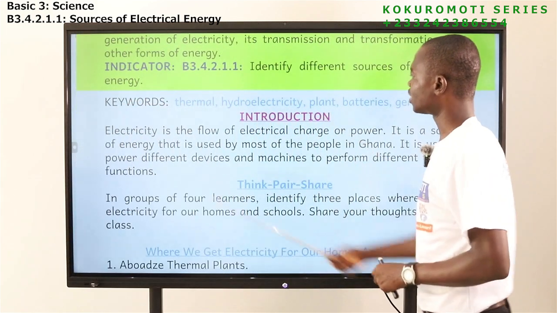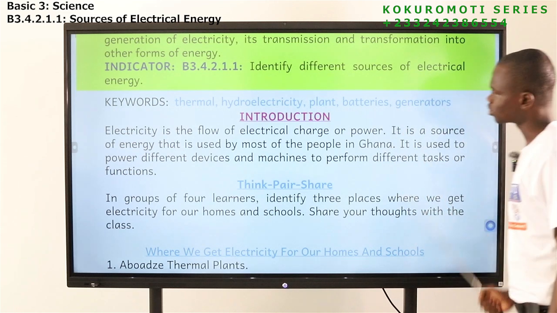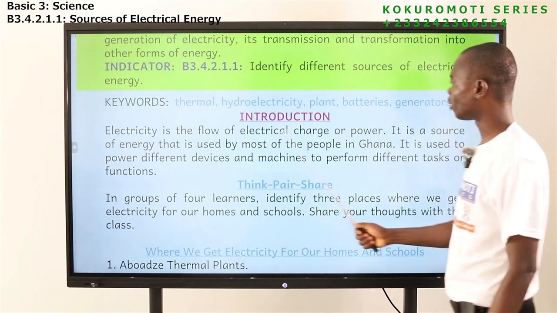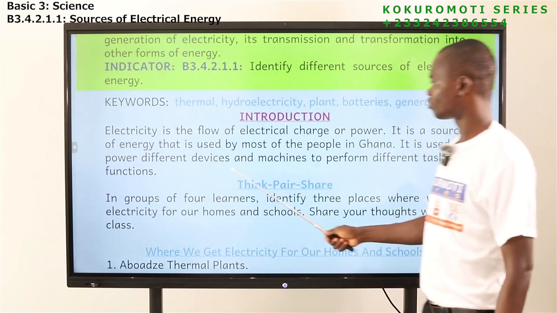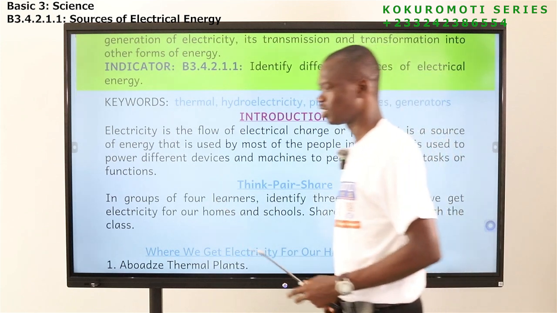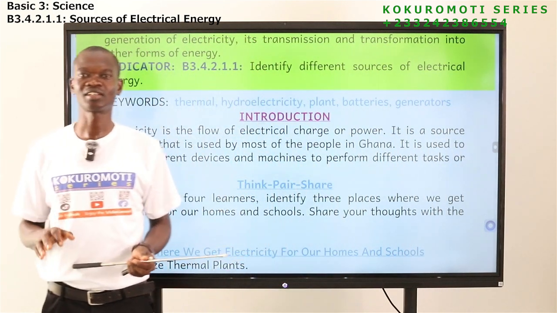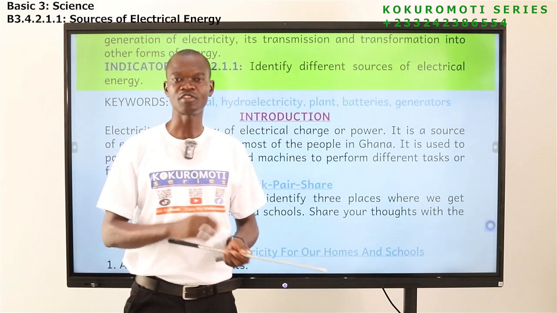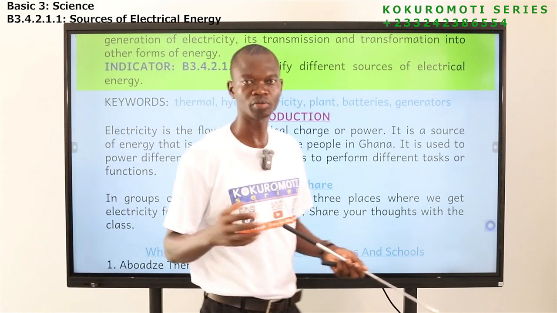Electricity is the flow of electrical charge or power. It is a source of energy that is used by most of the people in Ghana. It is used to power different devices and machines to perform different tasks or functions. In Ghana, every home uses electricity, and it is used to do so many things.